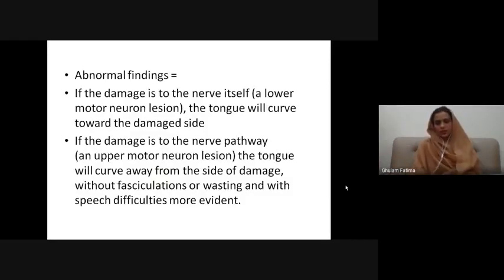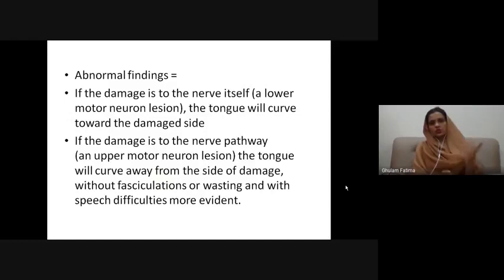Okay, and this is a very interesting finding that there is a different picture in case of upper motor neuron lesion and in case of lower motor neuron lesion. If the damage is to the nerve itself, that is a lower motor neuron lesion, then the tongue will be curved on the same side, towards the damaged side, to the ipsilateral side.